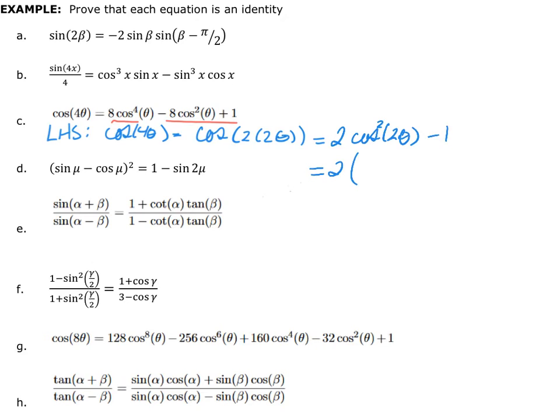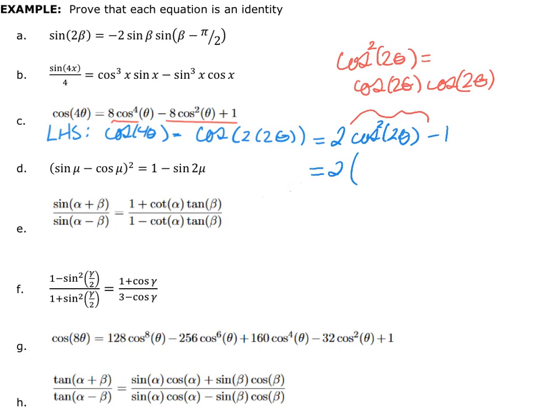When I use the double angle, remember that because this is squared, the cosine of 2 theta squared is the same thing as the cosine 2 theta multiplied by the cosine 2 theta. So I'm going to use the double angle, but then I need to square that.